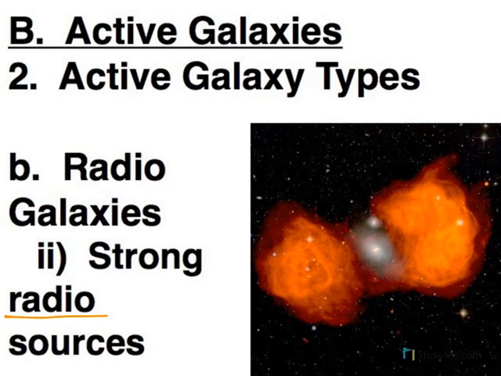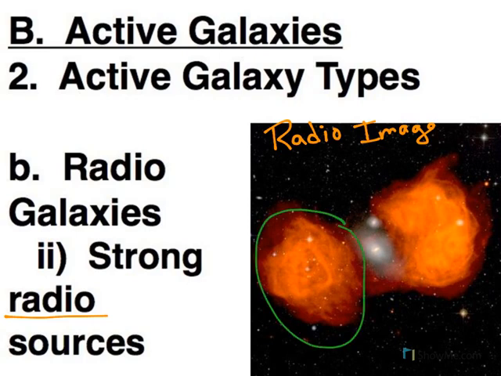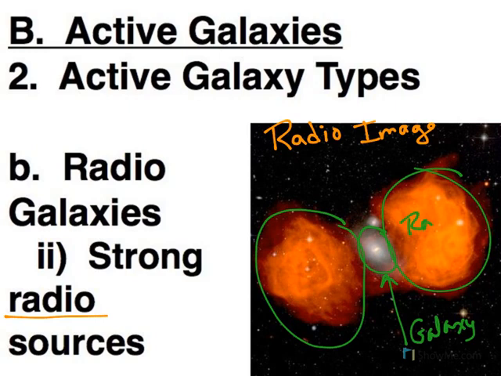So this is a radio image. And all that orange that you see here, this is all very strong radio emissions, but there's our galaxy. So it's giving off this radio emission to the sides of a galaxy.